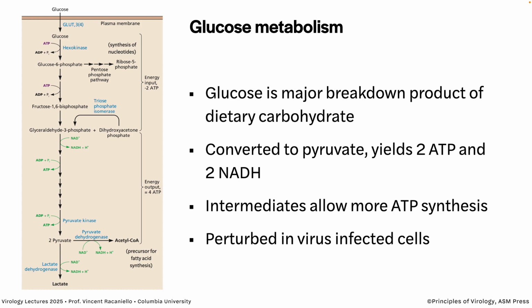And then acetyl-CoA is a product of pyruvate dehydrogenase metabolizing pyruvate, and that is a precursor for fatty acid synthesis. So viruses crank up this pathway because they get a lot of energy, they get precursors to nucleotides, and they get precursors to fatty acid, right?